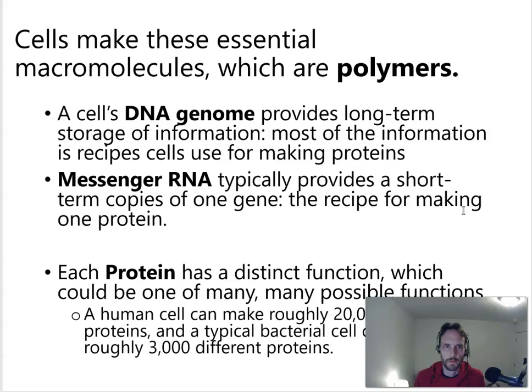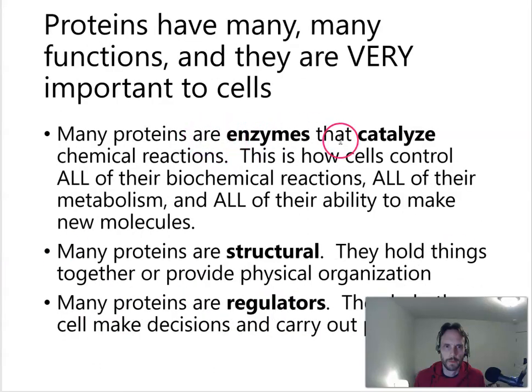What else can proteins be? Well, enzymes are my favorite. I like to talk about enzymes. I want you to think about enzymes. But a lot of them are also structural. You could think of tubulin that makes microtubules, or actin is the best example.